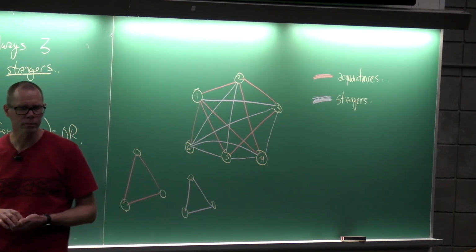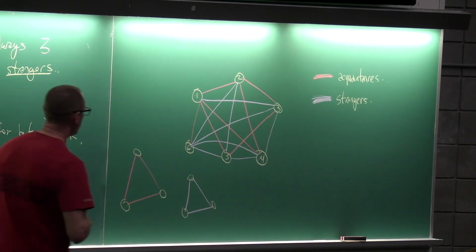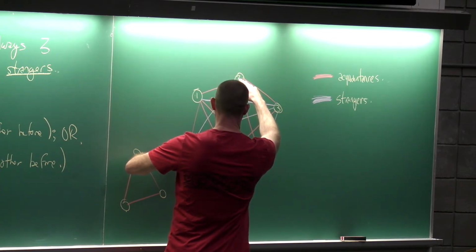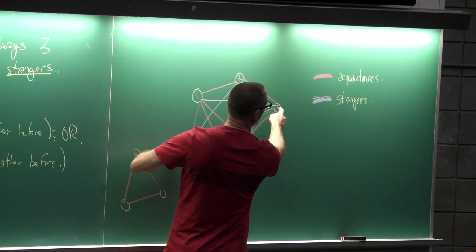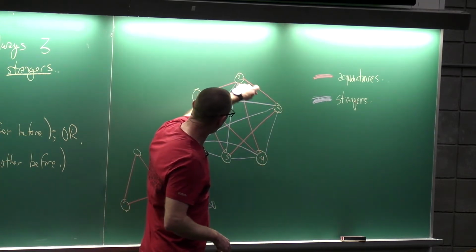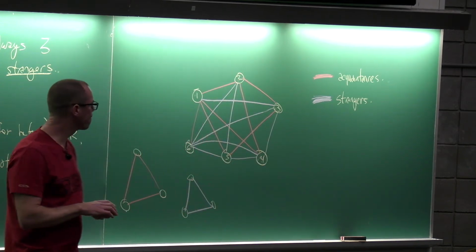Yeah? 6, 2, and 3, would that be a triangle of strangers? 6, 2, and 3, no, because 2 and 3 are acquainted with each other. Oh, okay, sorry. So that triangle is purple on 2 sides, but red on the other side. Okay, what about 6? Oh, wait, yeah, sorry, never mind. Yeah.